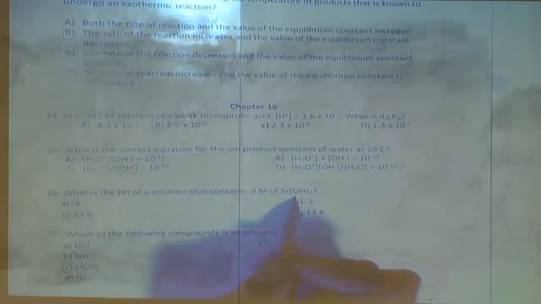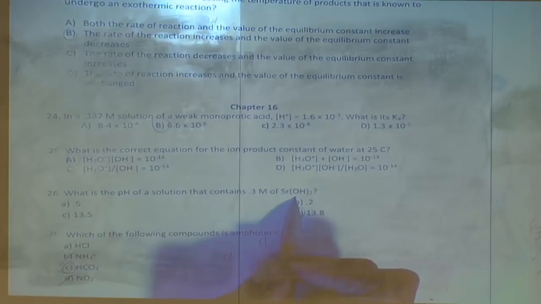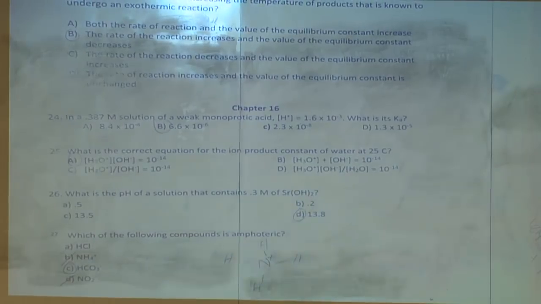Why 26? Yes, but it's strontium. See how you see there's 2 OH here? That means for each time this thing reacts in water, it creates 2 OH.